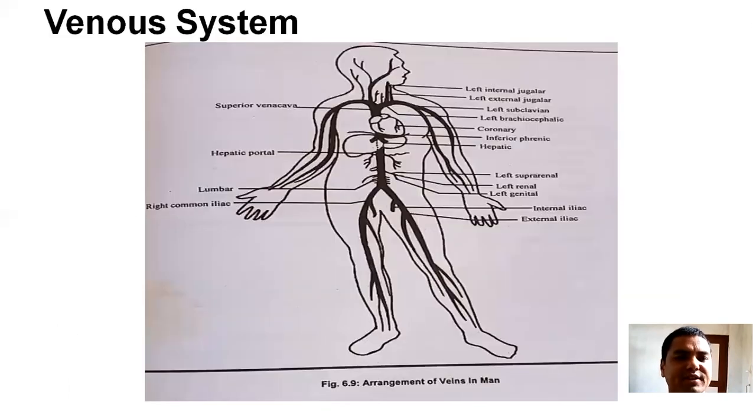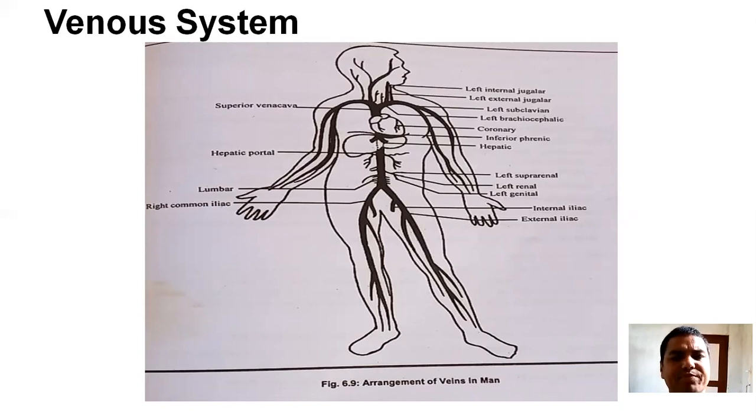Let's see our venous system. The venous system arises from the auricles of the human heart. The human heart consists of 2 auricles, the left auricle and the right auricle. From the left auricle arises the pulmonary vein, which carries the pure blood to the heart from the lungs.